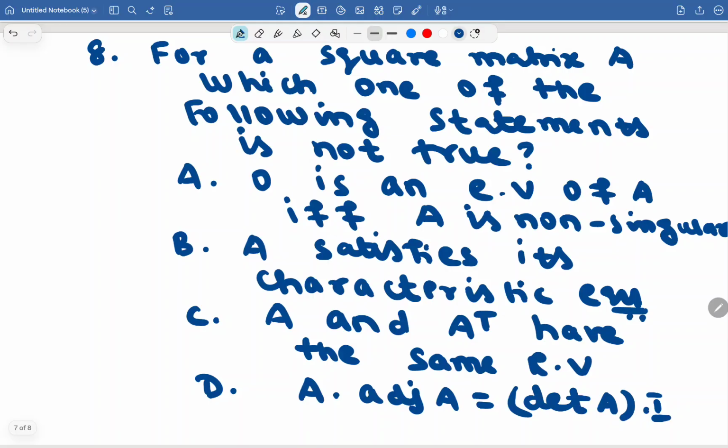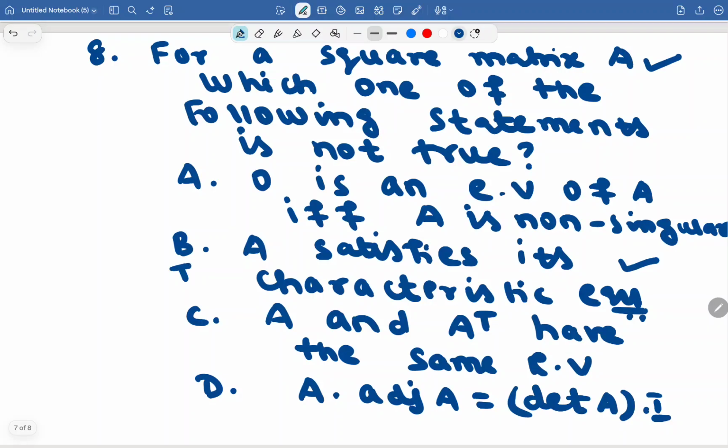It is given A is a square matrix. Among the four options, which one of the statements is not true? Option B, straight away from the Cayley-Hamilton theorem, every square matrix satisfies its own characteristic equation.